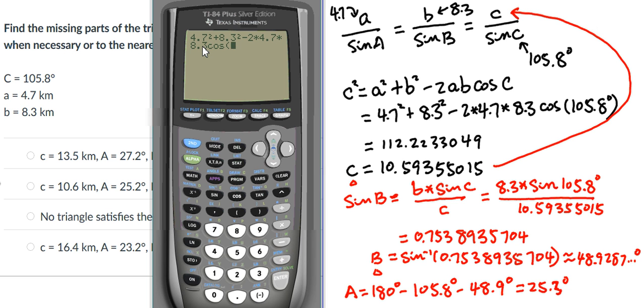The calculator knows it's going to be multiplication. Of course, on the computer you have to type multiplication, but on the TI-84 you do not have to. You put 105.8.